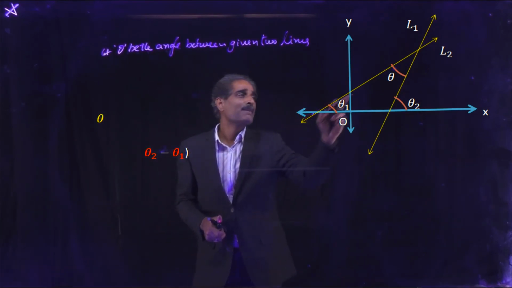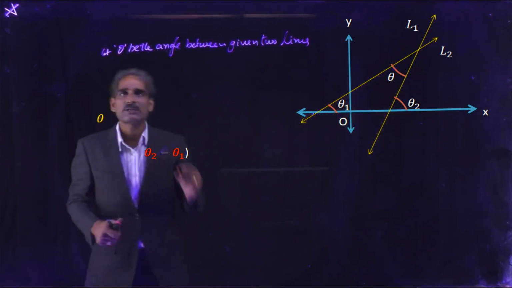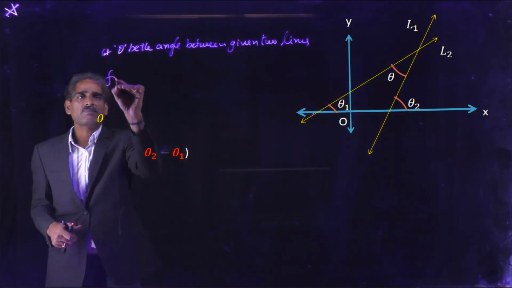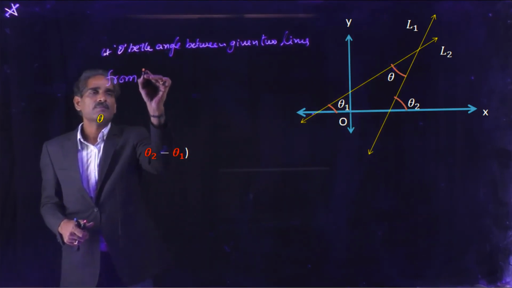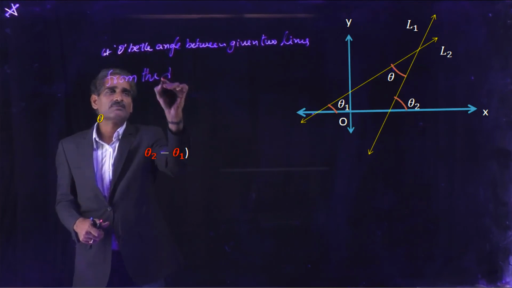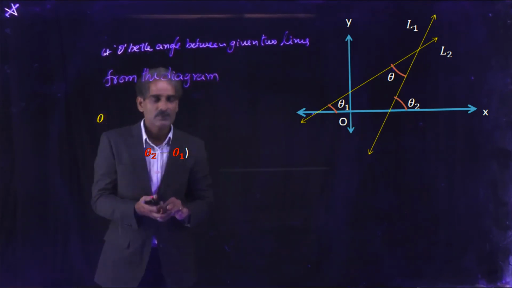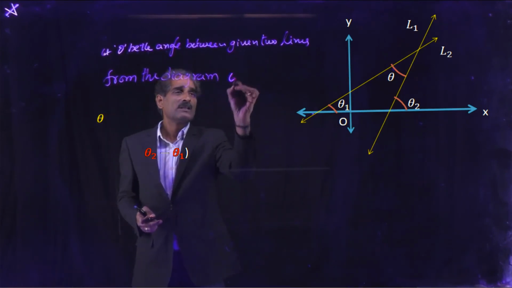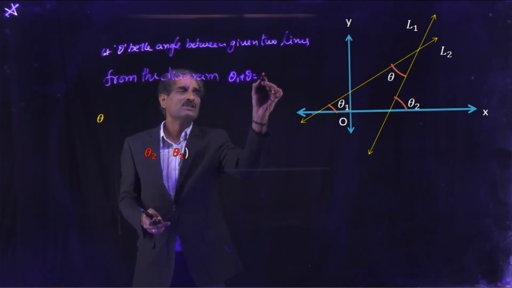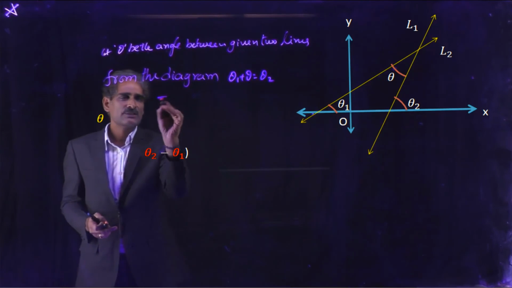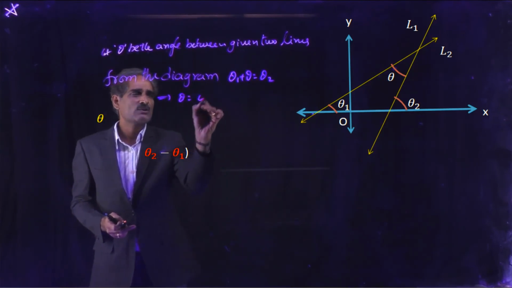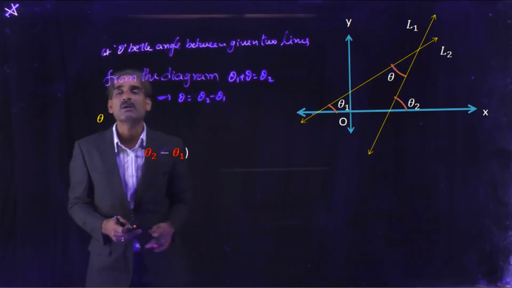Theta 1 plus theta is equal to theta 2. From the diagram, theta 1 plus theta is equal to theta 2. This implies theta equals theta 2 minus theta 1.